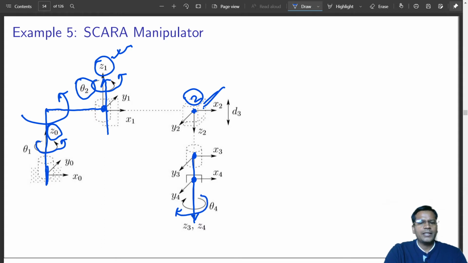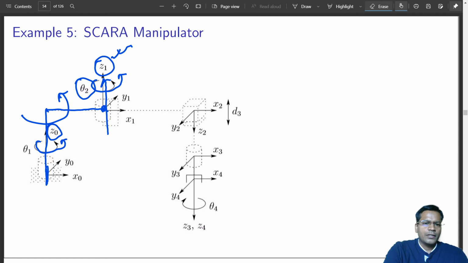So this is again a revolute axis, and it is protruding downwards. This side it is clockwise, so it can rotate like this. Got it? So these are the 4 degrees of freedom this SCARA robot has.